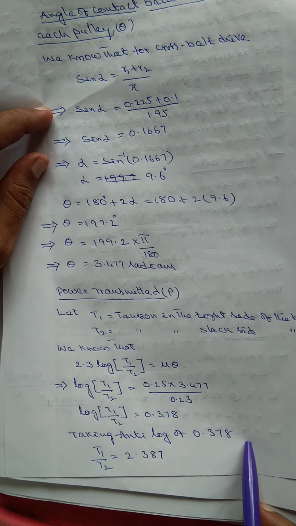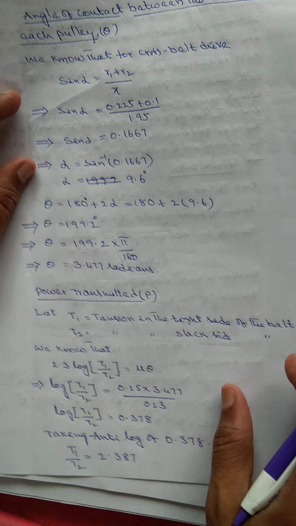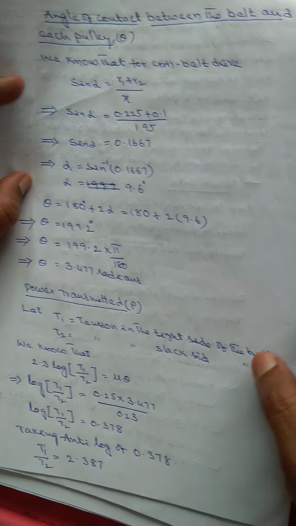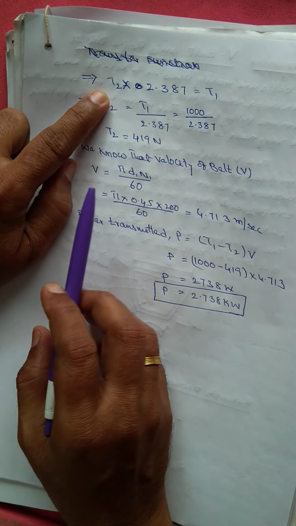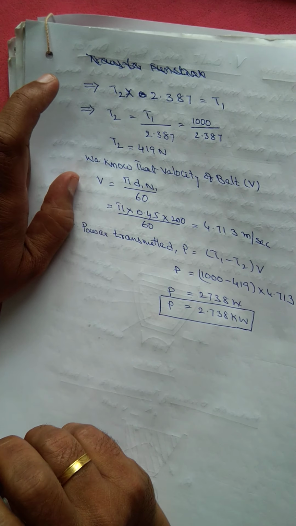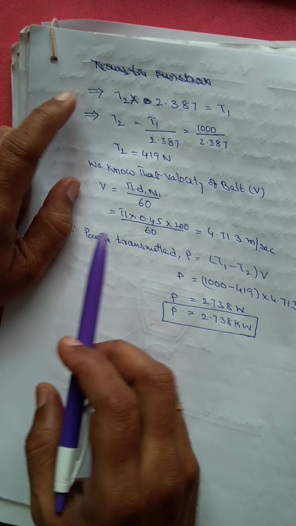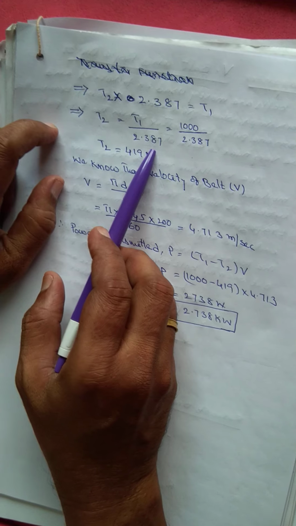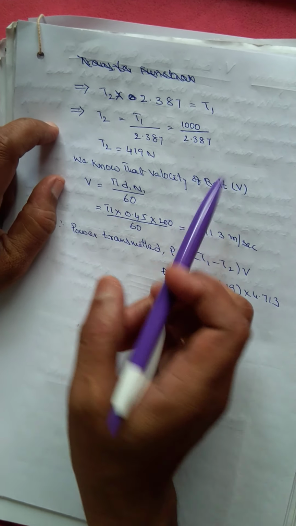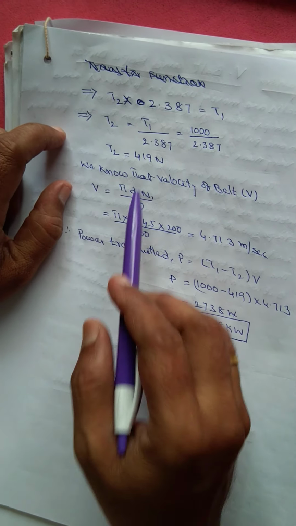Taking the anti-logarithm, T1 by T2 is equal to 2.387. So T2 into 2.387 is equal to T1, T2 is equal to T1 by 2.387, that is 1000 by 2.387. So now I got T2.